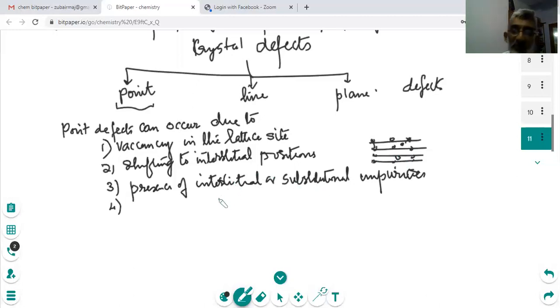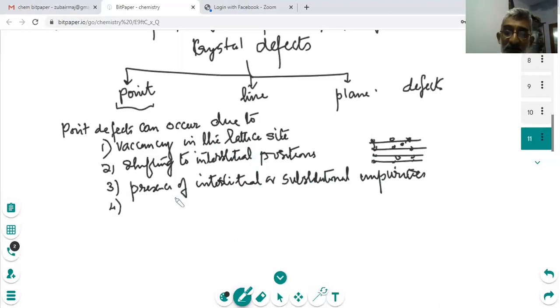Interstitial means you are putting the impurity in the interstitial position. Substitutional impurity means the impurity you are adding removes one of the atoms or ions from a lattice point and occupies it.